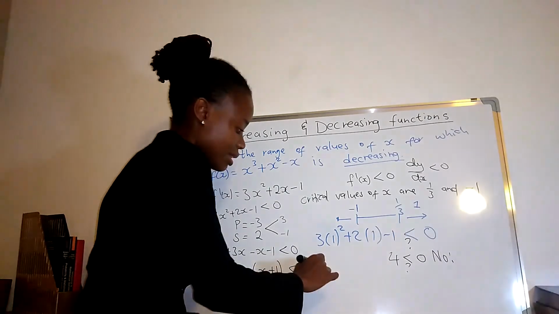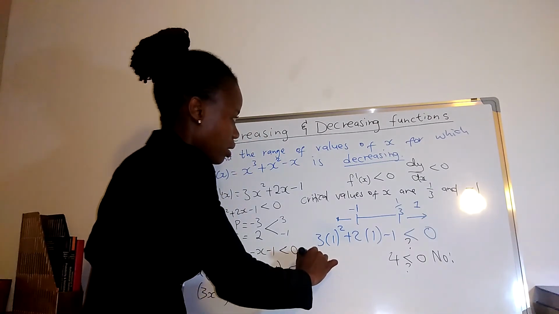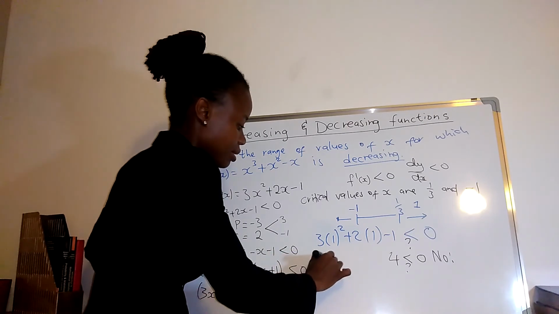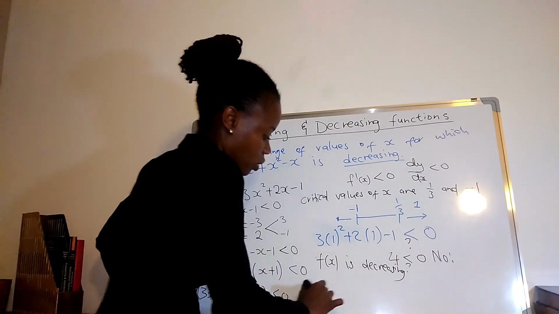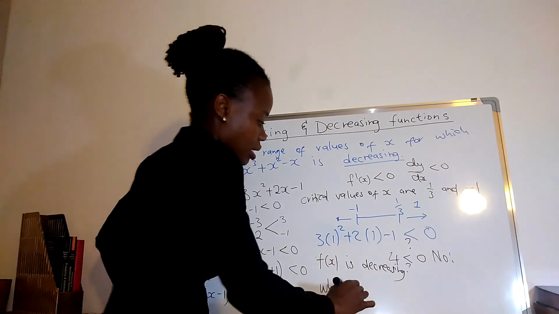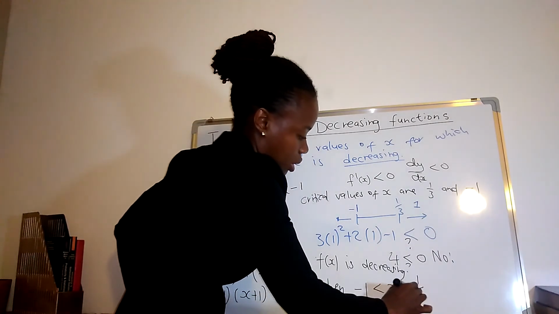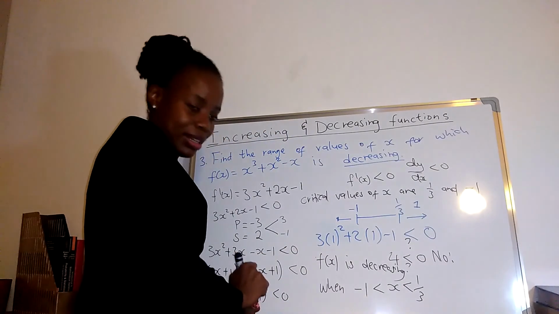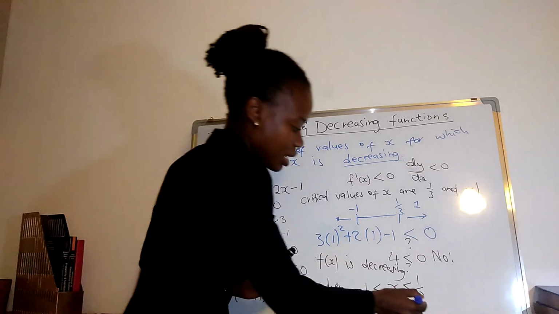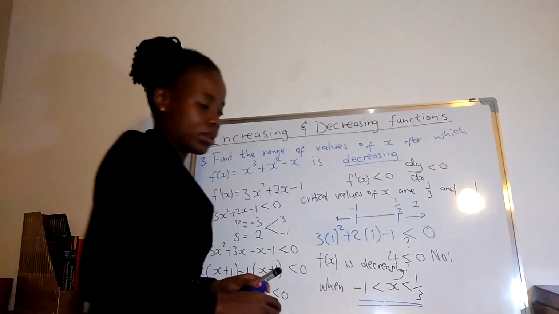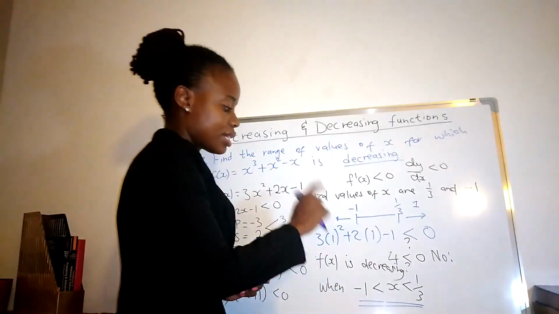So our final answer is: f of x is decreasing when x is between negative 1 and 1 over 3. This is our final answer. Even if you check using a number between negative 1 and 1 over 3, you'll see that it's decreasing here.